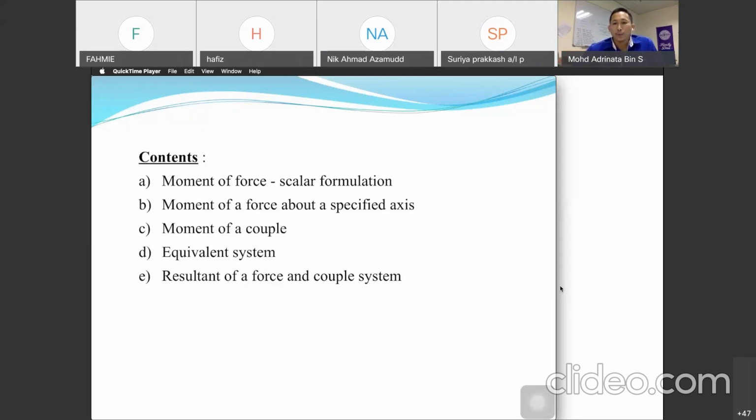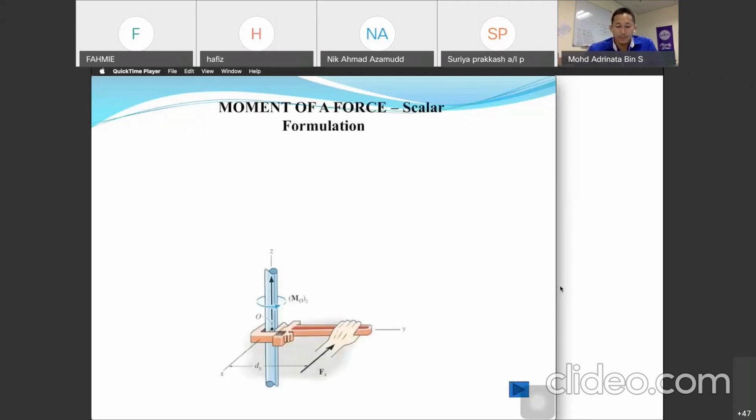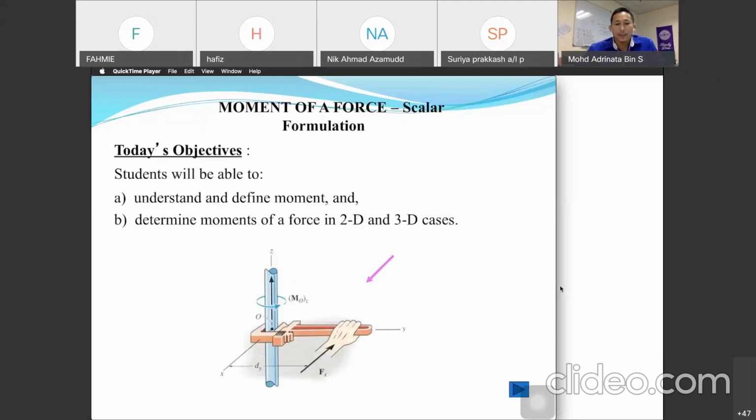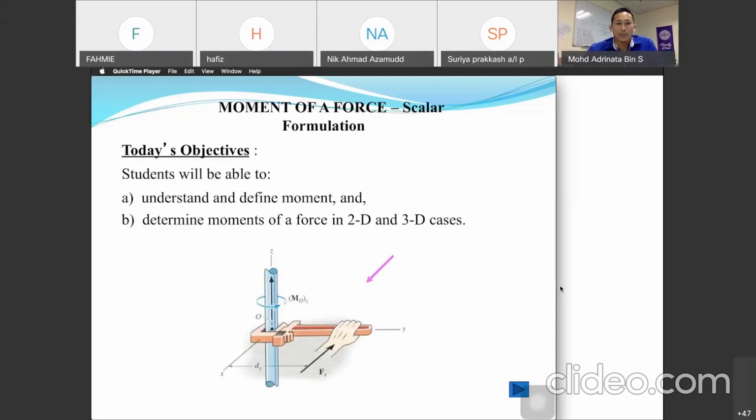So the moment is the force that acts far away from our point of action. So that is moment. Moment of a force, scalar formulation. Okay. So today you will learn about moment, and I hope that you can understand and define moment.